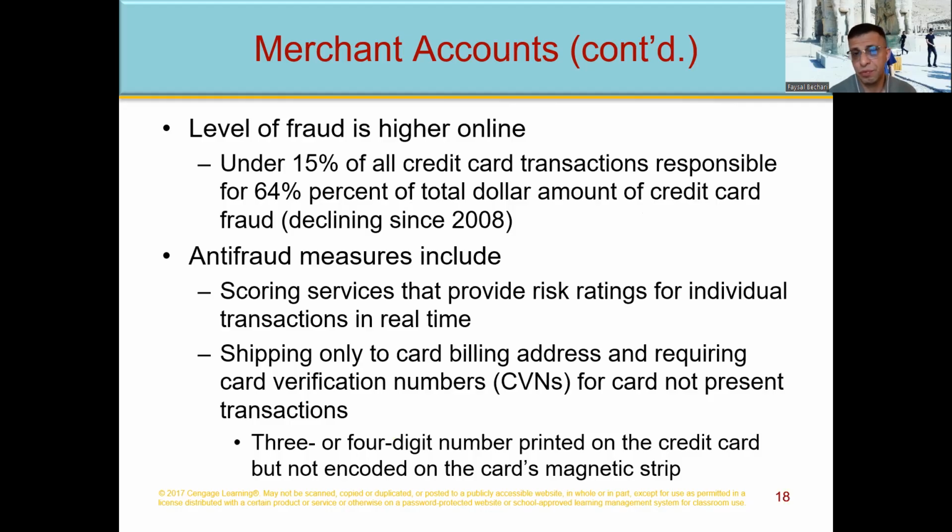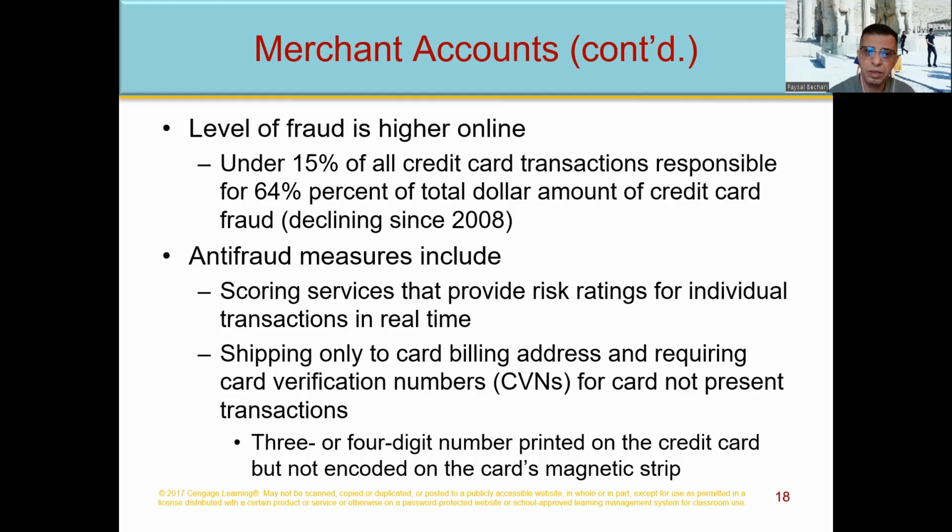The level of fraud is much higher online: under 15% of all credit card transactions are responsible for 60% of the total dollar amount of credit card fraud, which has declined since 2004. So there's lots of fraud happening with credit cards.